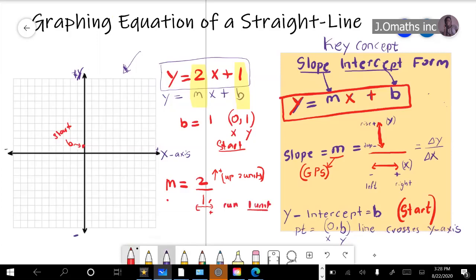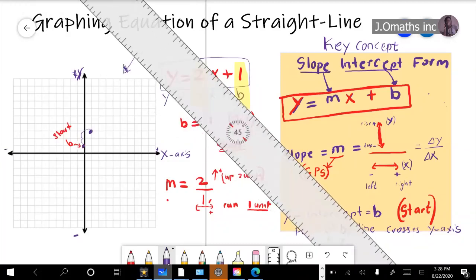From the starting point, which is b, we go up 2 units: 1, 2, and we run 1 to the right. We run 1, and we have another point. From these 2 points, we can draw the straight line.